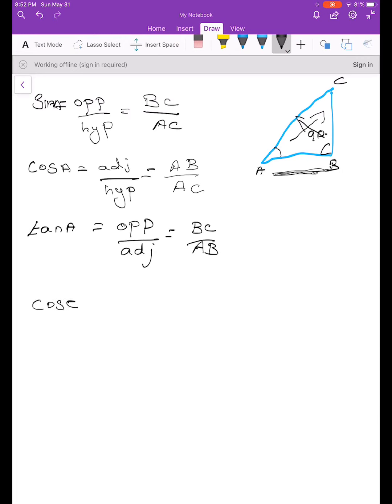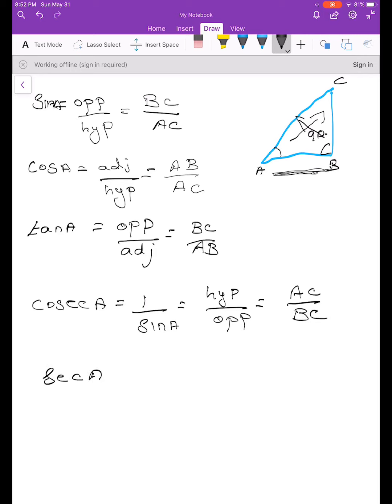Cosecant A, that is 1 by sine A. It can also be said as hypotenuse by opposite. That is our hypotenuse is AC and opposite is BC. Secant A is 1 by cos A. That is also known as hypotenuse by adjacent, that is AC by AB.